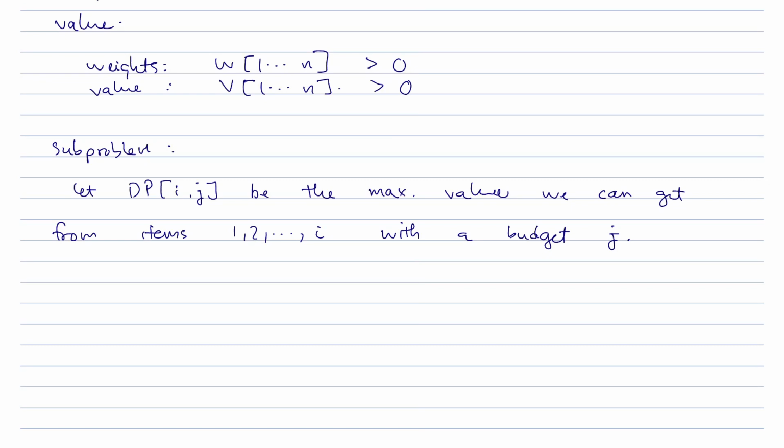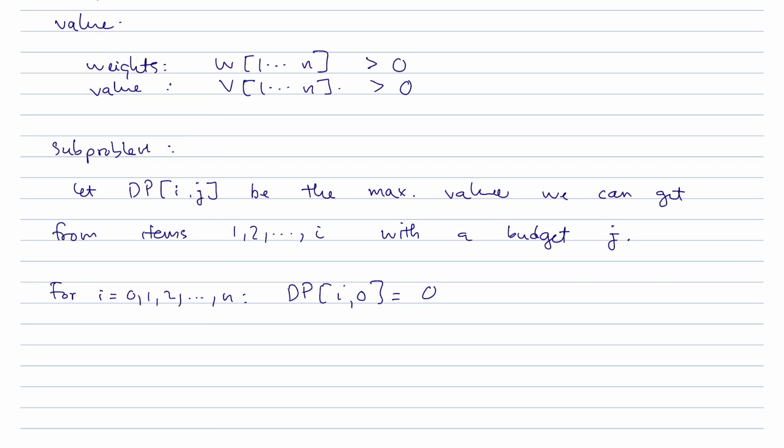Let's look at the easy base cases. For i from 0, 1, 2 up to n, it is fairly easy to see that dp[i][0] is 0, right? Because if all the weights are positive and you have 0 budget, then clearly you cannot carry any item.